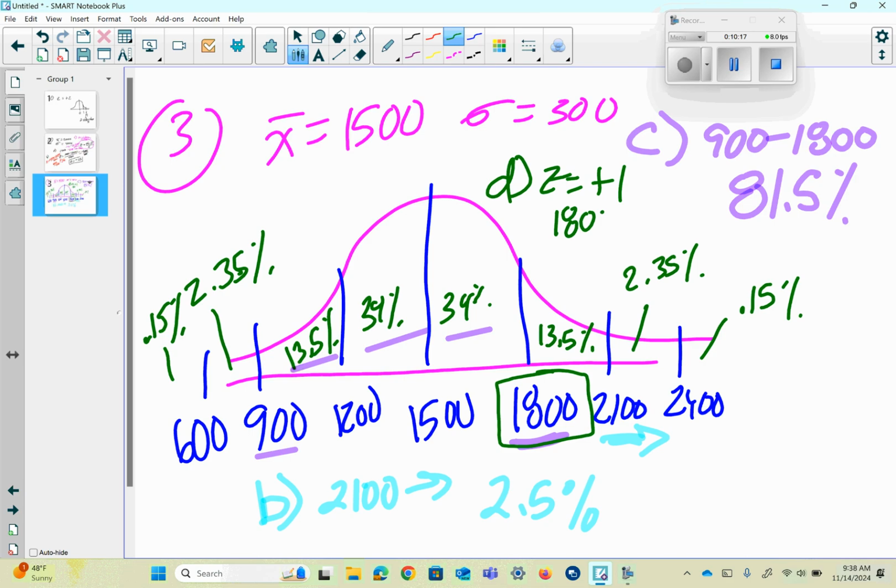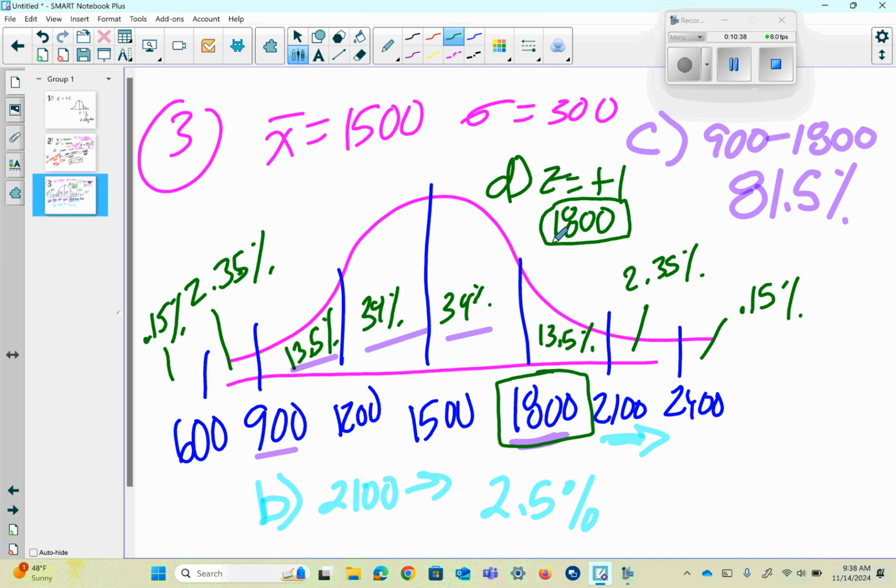All right, so 1,800 would have been my sales. And this is a good one to keep an eye on because we're going to see a question similar to this on the quiz tomorrow. Okay, it'll be the second part. It asks what your sales were and what your percentile was of the percents before that.